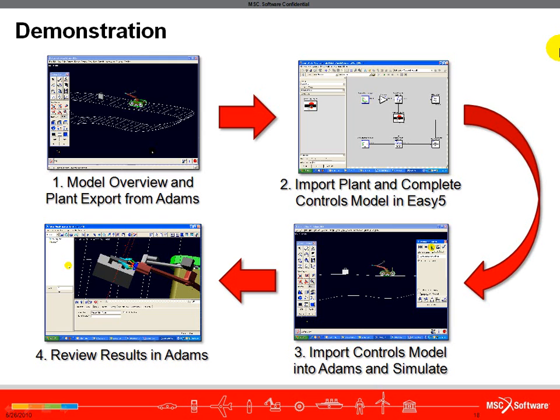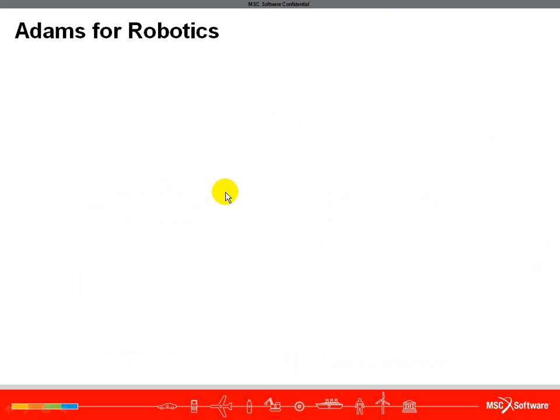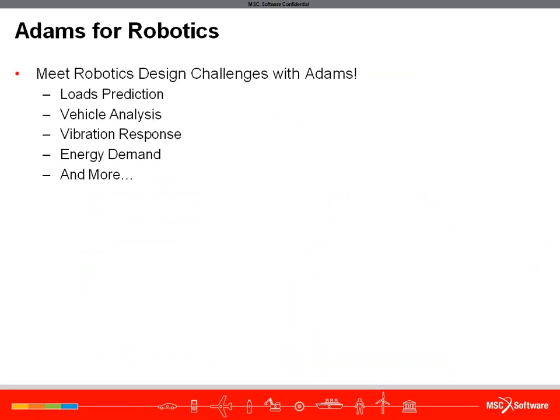So, back to the PowerPoint. What I'd like to do is summarize and leave you with a few points. There are several design challenges in robotics for which Atoms can be a tremendous help to the engineer. We talked about those.